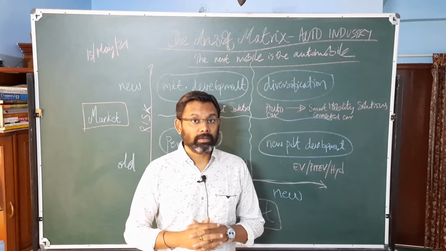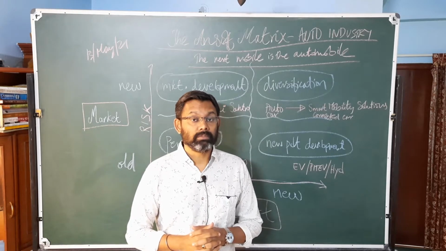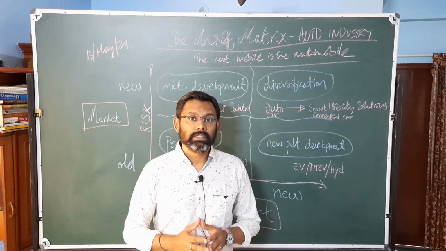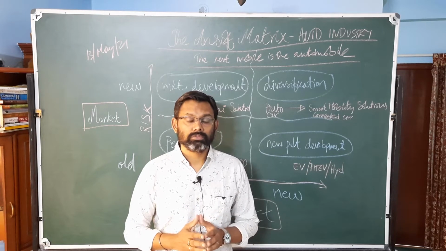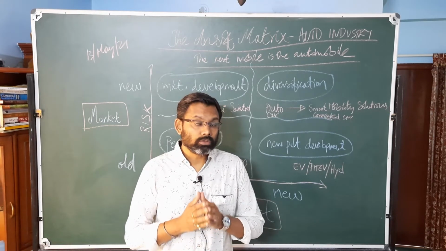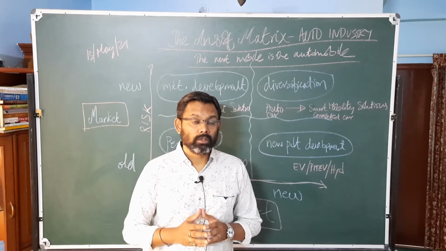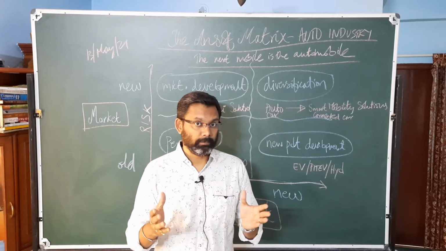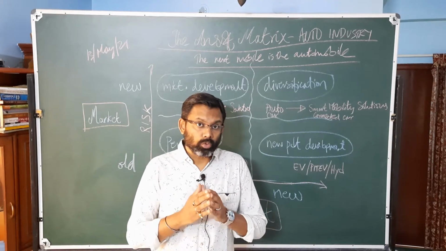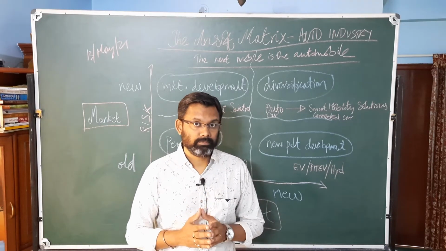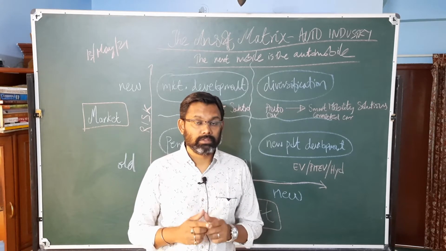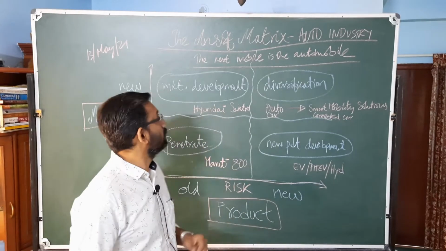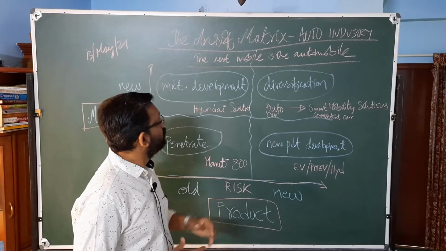He was an expert mathematician as well as a corporate business manager, and he published his thoughts on what could be the possible ways to strategize for the growth of a company. The basic principles are still relevant for us today. So this is called the Ansoff matrix.